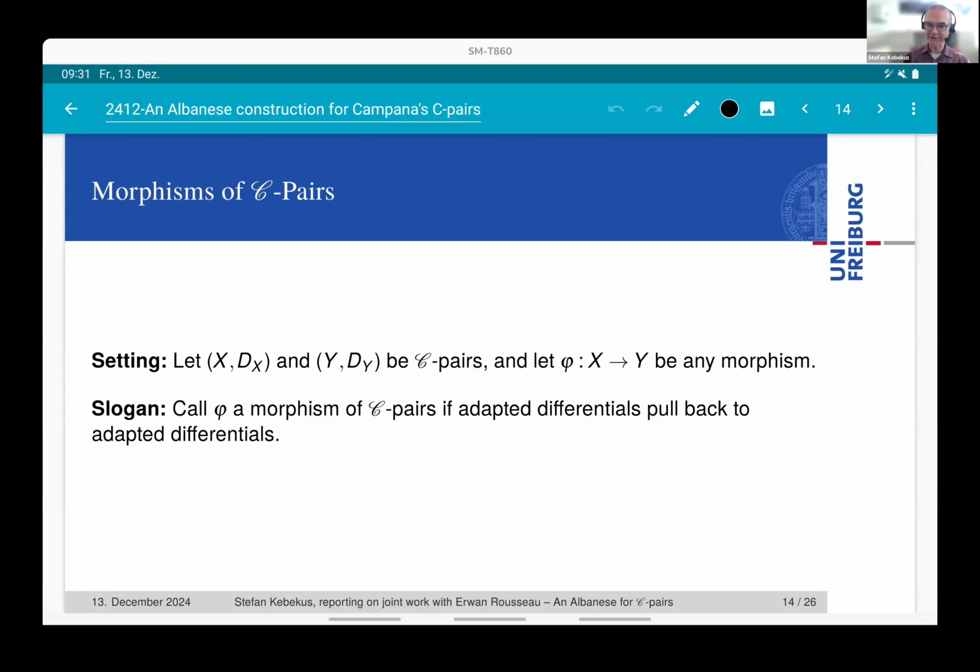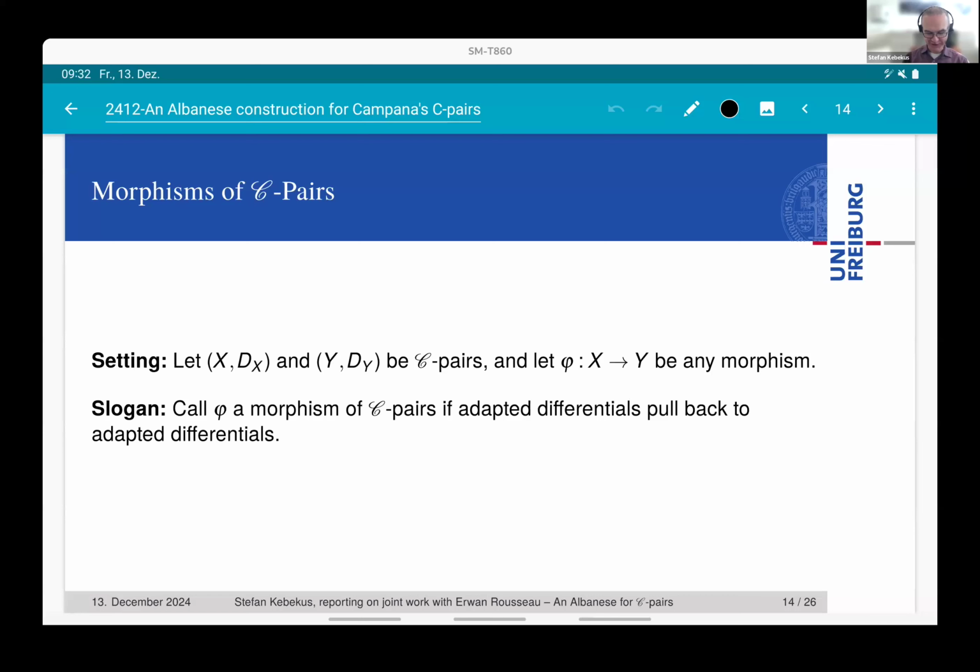A morphism of C-pairs we would like to propose is a morphism where adapted differentials pull back to adapted differentials. We are under the impression that the notion of adapted differentials is what makes Campana's theory fly. So a morphism should be called a morphism of C-pairs if and only if it respects the most basic objects of the theory, that is, adapted differentials.